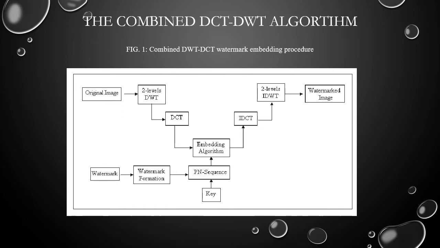Now we have to check that the number of elements in each of the 2 pseudo-random sequences must be equal to the number of midband elements of the DCT transformed DWT subbands.